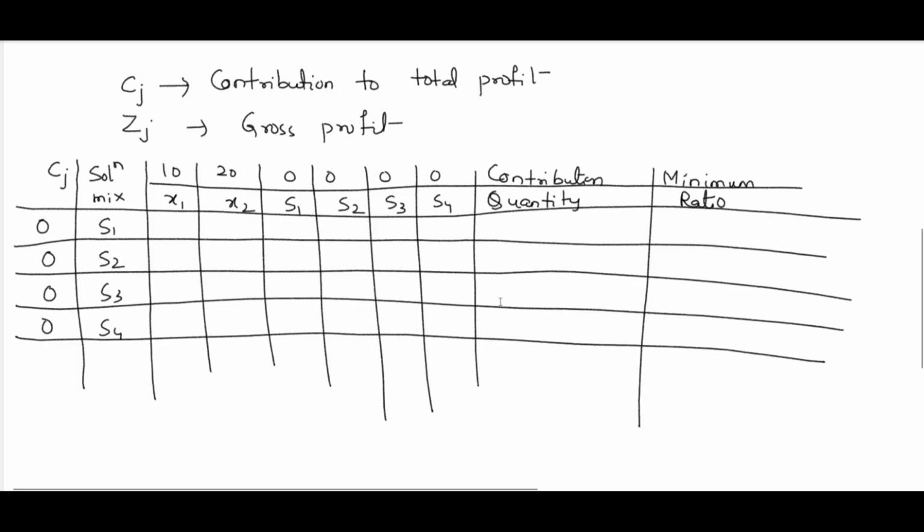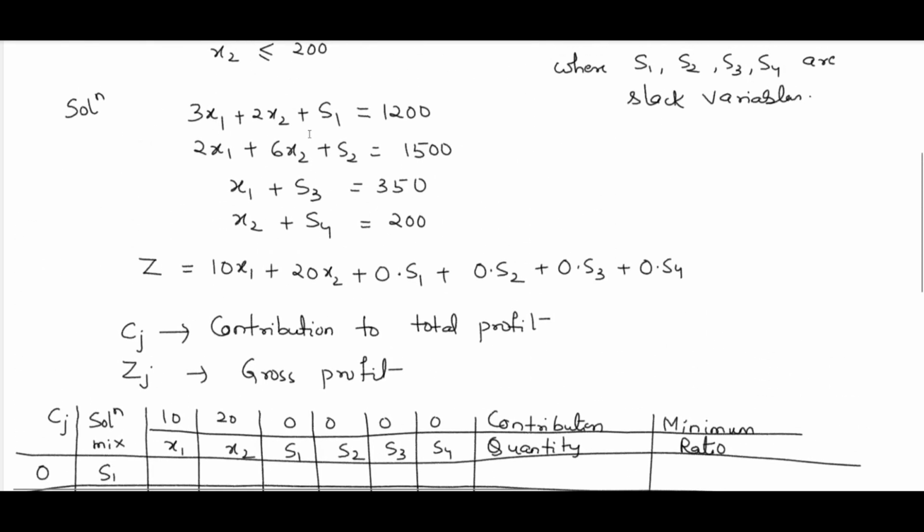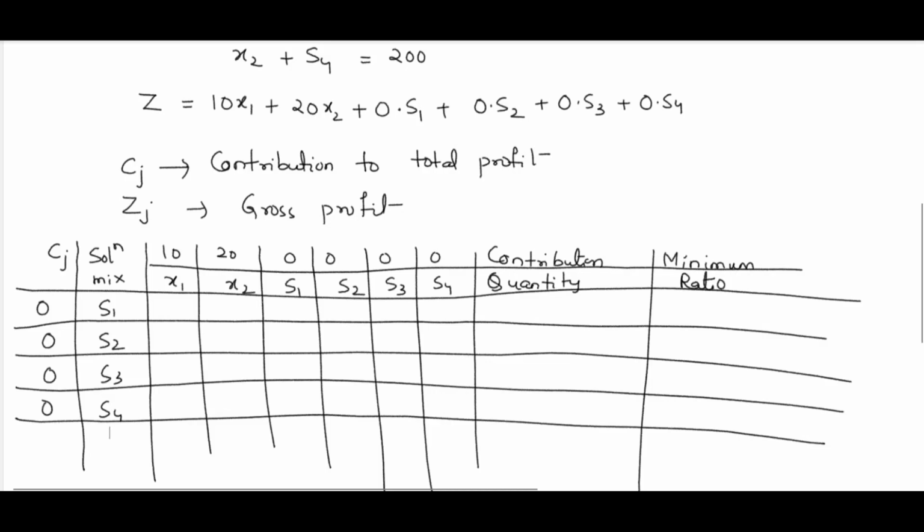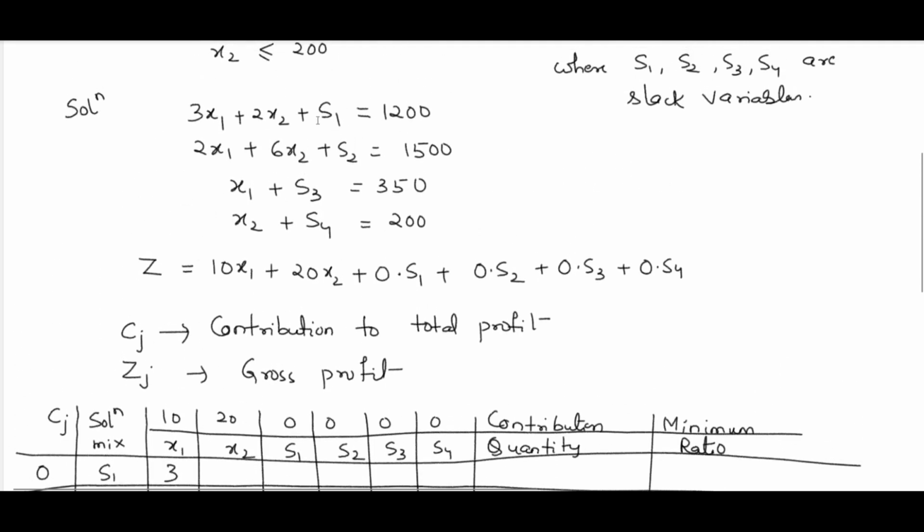In the first equation, the coefficient of x1 is 3. This is the Z part, and here we will put all equations. Here in the first equation we have only considered s1.